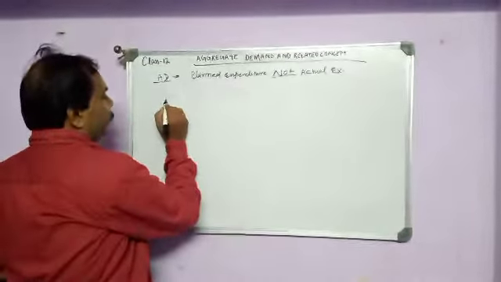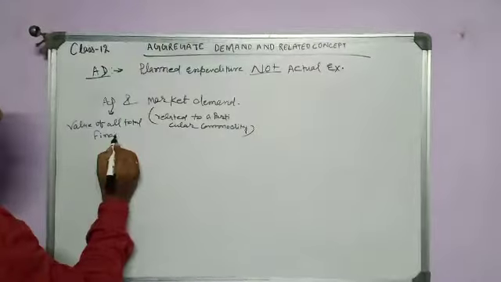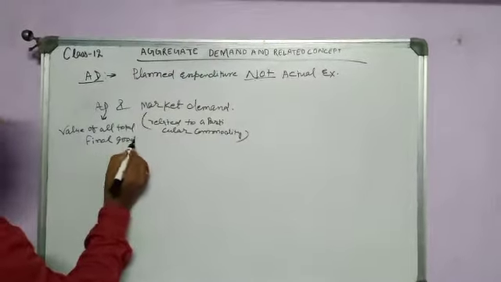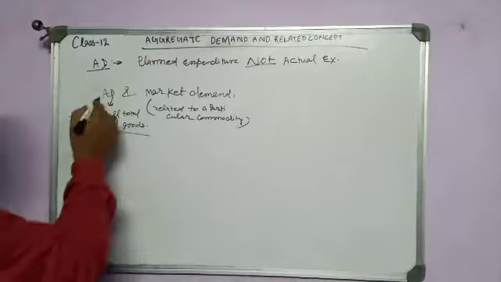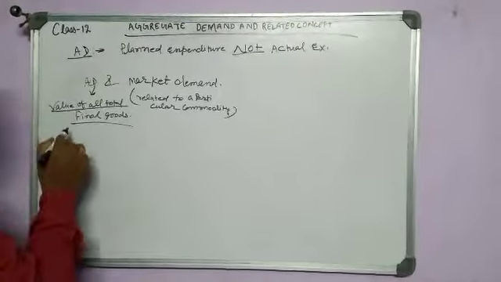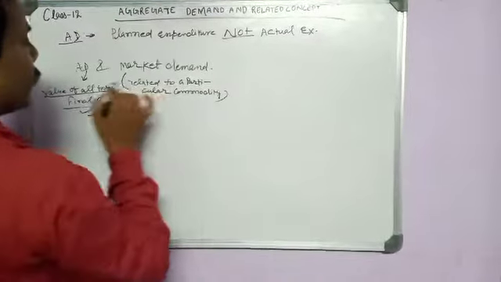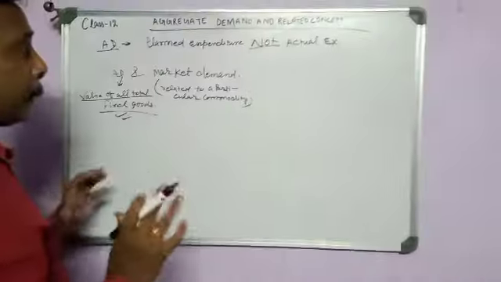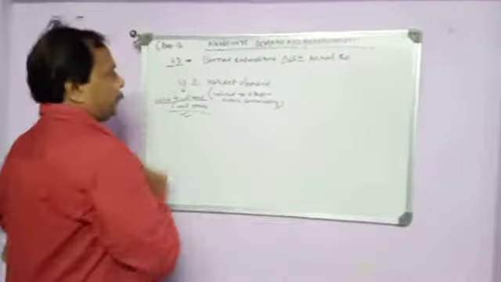Whereas aggregate demand is the value of all total final goods. This is the difference. So AD means the value of all total final goods, whereas market demand is related to a particular commodity. So both are different things. Always keep it in your mind.